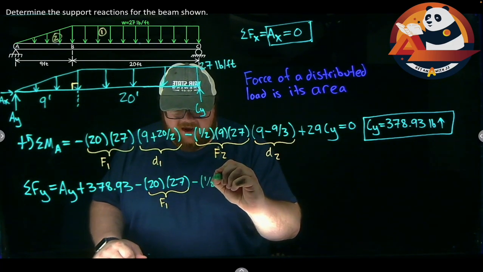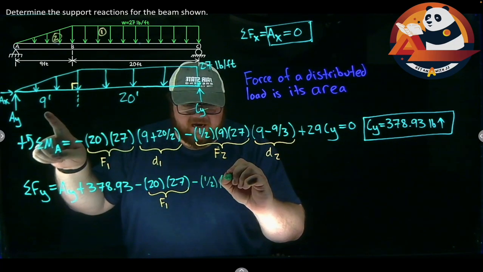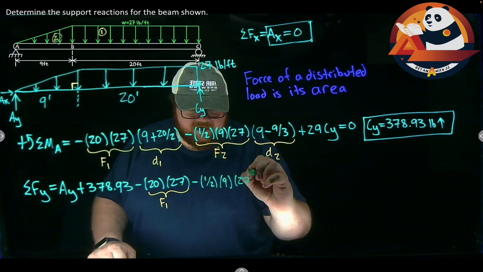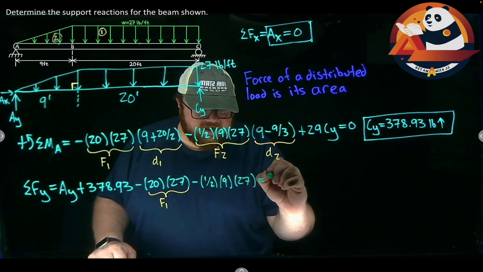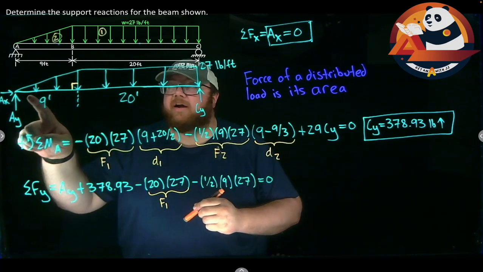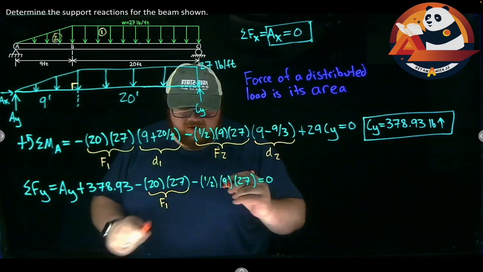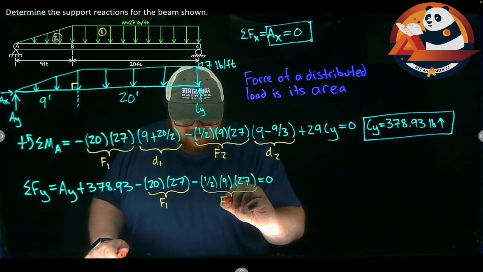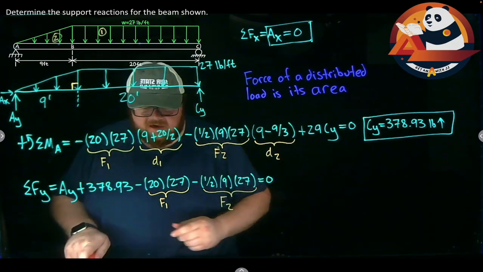So minus 1/2. Our base is 9. And that height, we get up to 27. Times 27. Should get us to 0. That second area that we just wrote out here, that's the area of distributed load 2. This is F2. Still just doing the area for us.